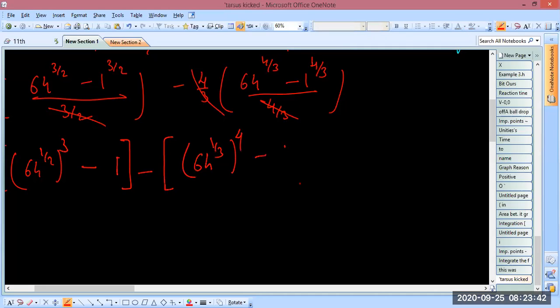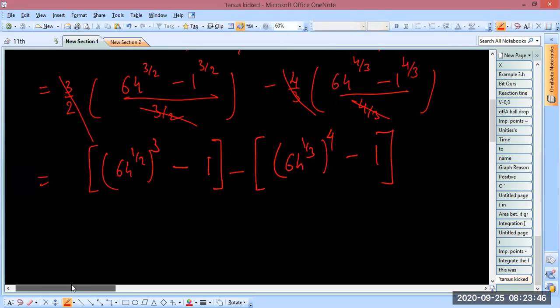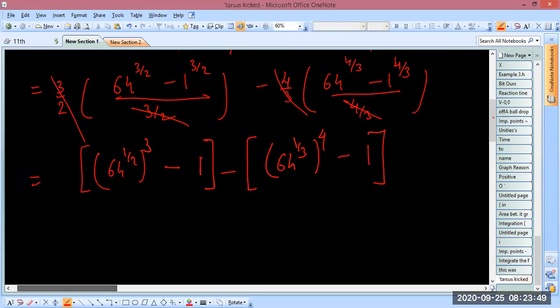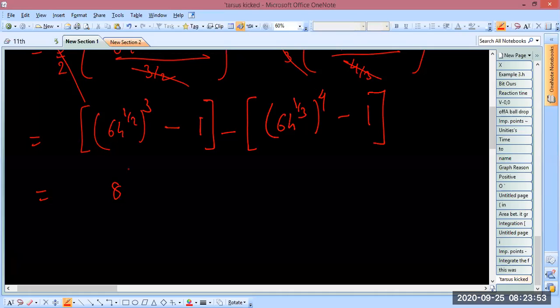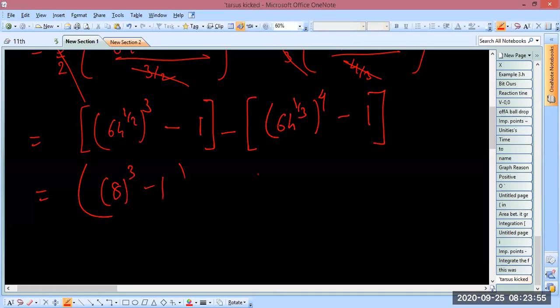I hope you realize why I chose 64, because 64 is both a square and a cube, right? So now 64 raised to half is 8. So this is 8 cube minus 1 minus, yeah, the answer is 256, right? And this is 64's cube root. So 4 and then raised to 4 minus 1, right?